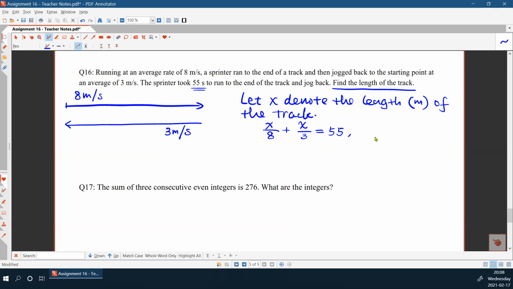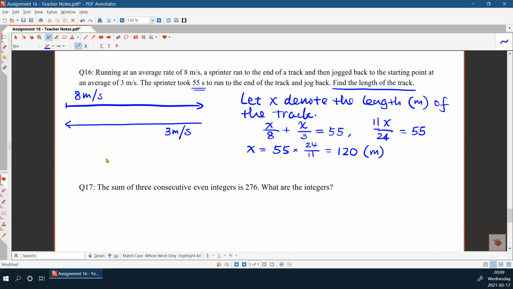Okay, the common denominator is 24. So here we have 24, 11x. This equals 55, right? So x here is 55 times 24 over 11, which is 120.